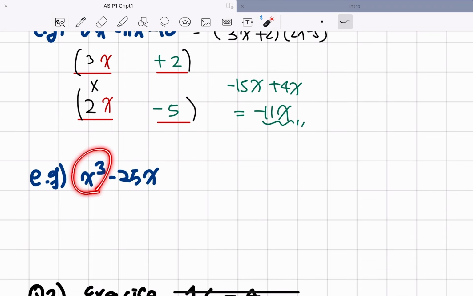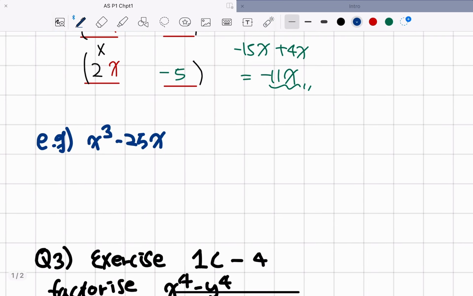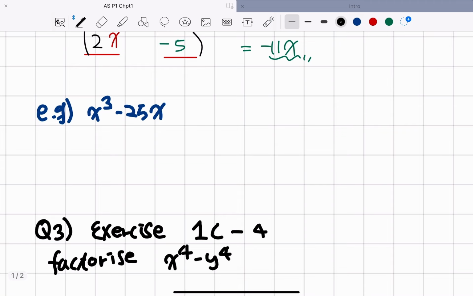So this one is x cubed, and this one is minus 25x. So you can just think about making a bracket with x, right? Because both terms have x as a factor, right? So you can make a bracket with x, and inside the bracket should be x squared and minus 25, right?